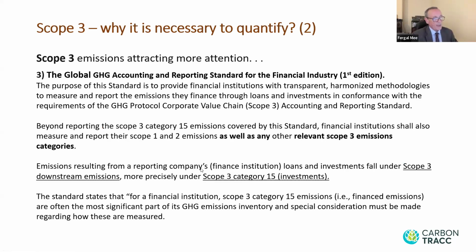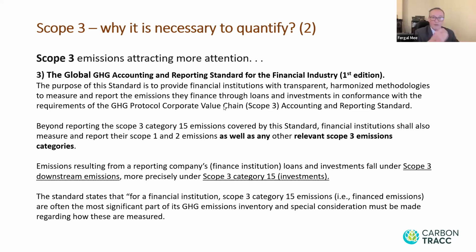The Global Greenhouse Gas Accounting and Reporting Standards for the Financial Industry, the first edition, talks about reporting our Scope 3 emissions in accordance with the Greenhouse Gas Protocol Corporate Value Chain Protocol. Beyond reporting Scope 3 category 15 emissions covered by financial investments, what are the Scope 3 emissions resulting from our investments?